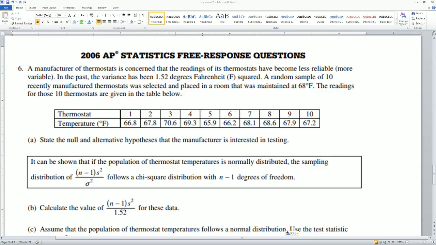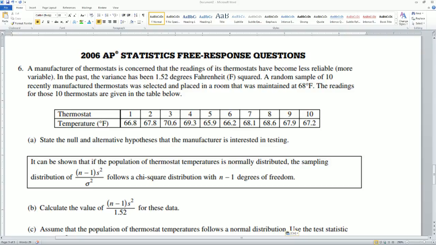Can I say that the readings of their thermostats are reliable? That's your null. Yeah, has become less reliable. Okay, so they're baseline, right? Your null is baseline, okay? And your HA?